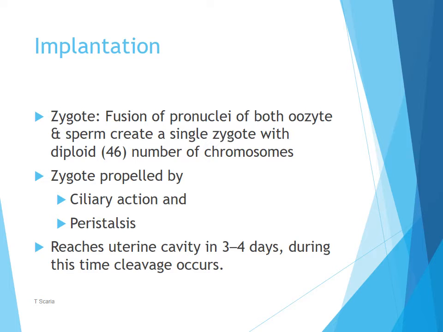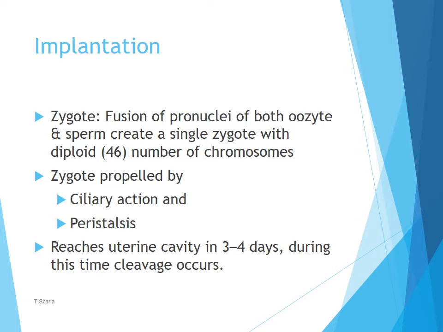What happens after fertilization? Implantation occurs. Fusion of pronuclei of both oocyte and sperm creates a single zygote with the diploid number, that is 46, of chromosomes. So remember this, 23 chromosomes came from the oocyte and 23 chromosomes came from the sperm.